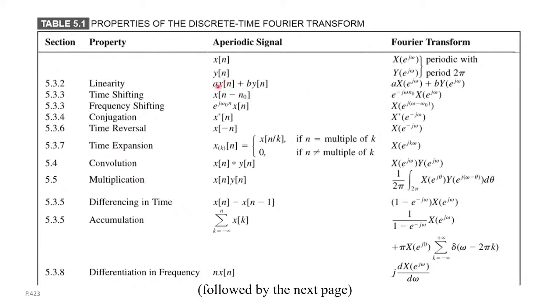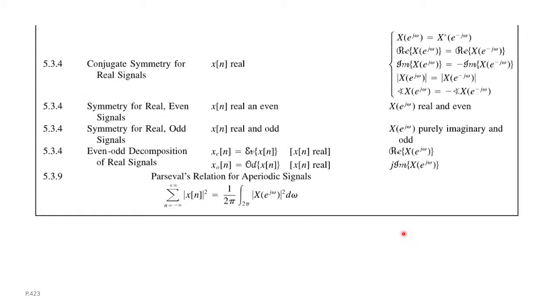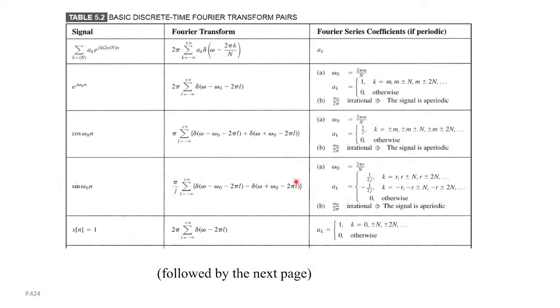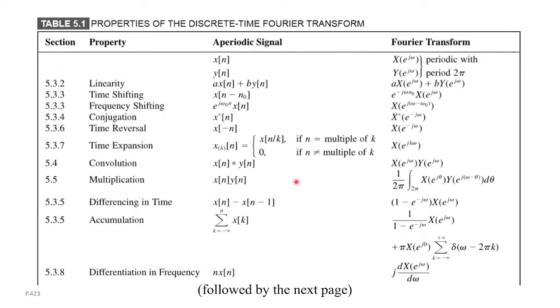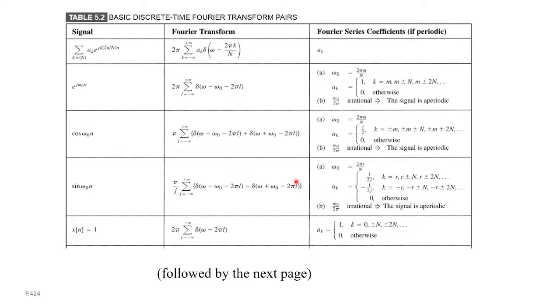And we have all sorts of properties like linearity, multiplication, differentiation. We covered all this. As always, we have those conjugation properties, even-odd and Parseval-type relationships, which we just went through in the midterm. They are for a different form of Fourier transform, but it's very similar.